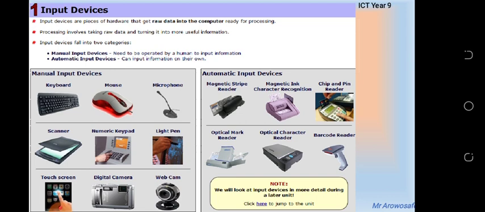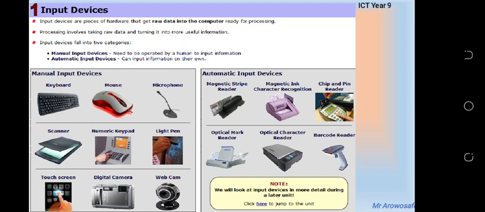Now, input devices can be classified into two categories. The first one is manual input devices. The second one is automatic input devices. Manual input devices need to be operated by a human to input information.